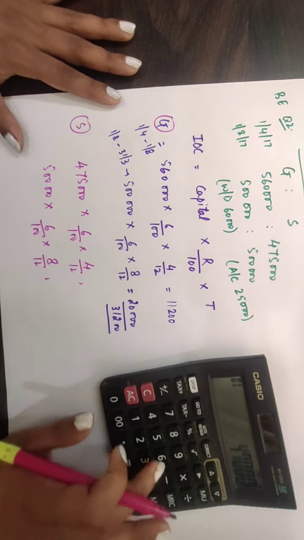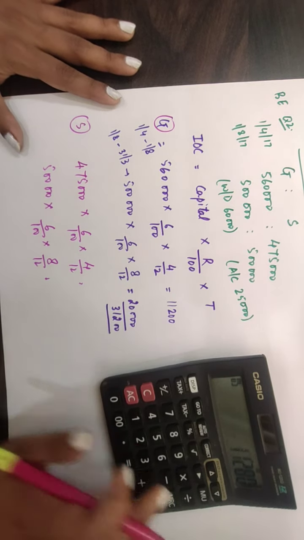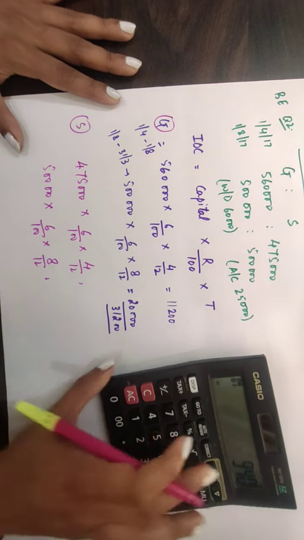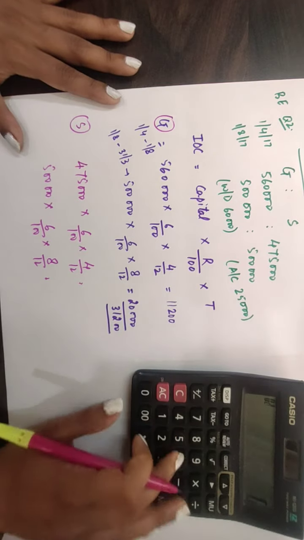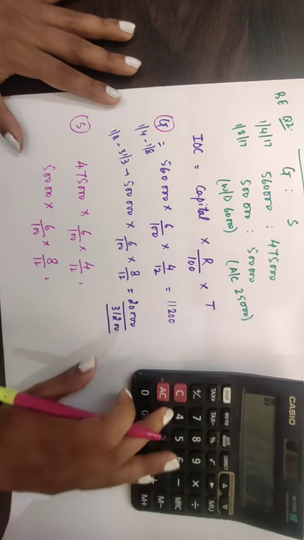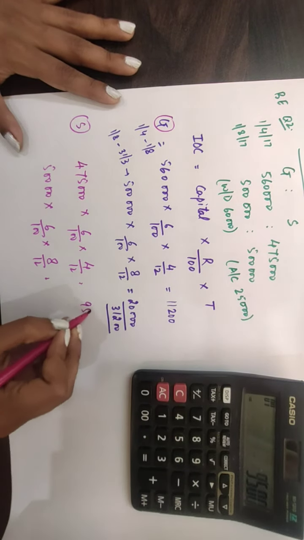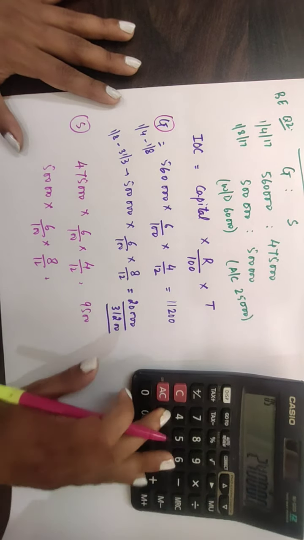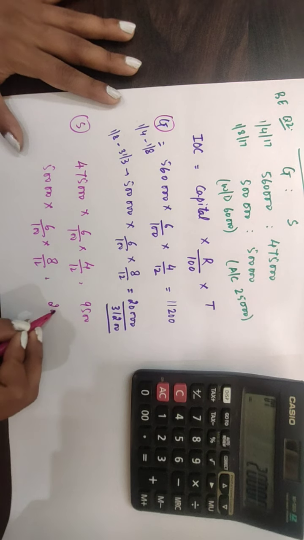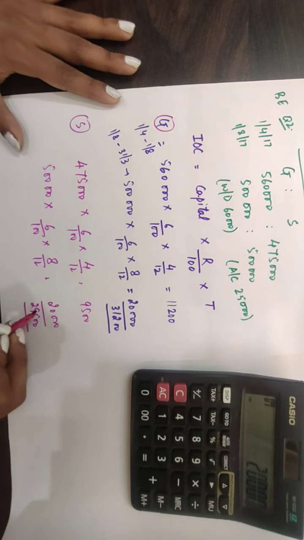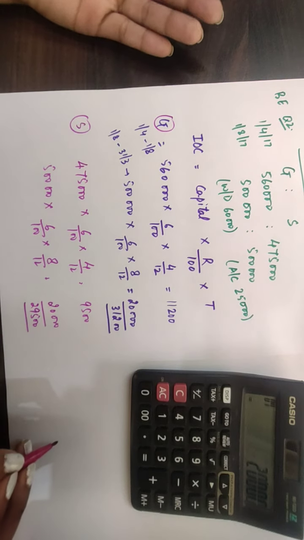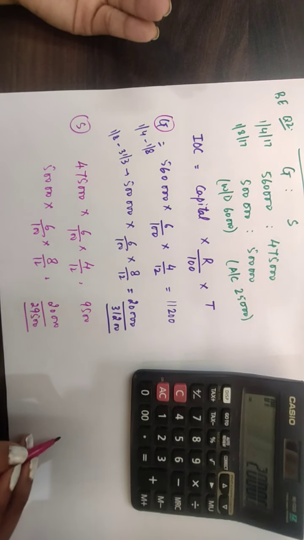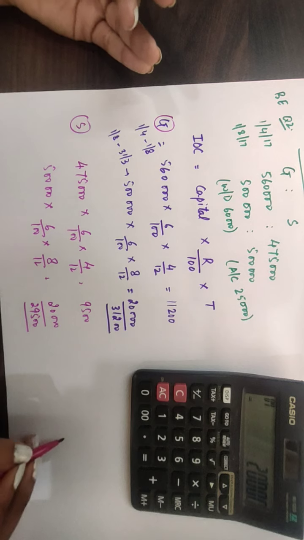Just do the calculation part and you are done. 4,75,000 into 6% into 4/12 comes out to 9,500. Then 5 lakhs into 6% into 8/12 gives you 20,000. So total 29,500. This is the interest on capital calculation of Girish and Satish.